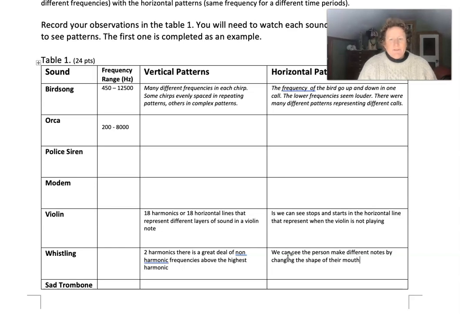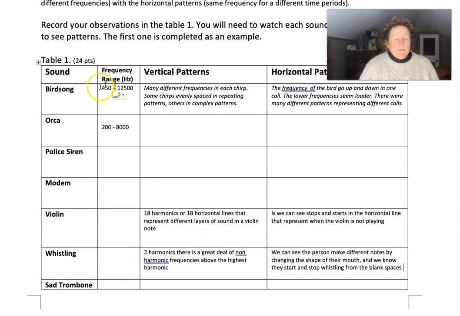Well, we don't actually see them change the shape of their mouth, but we know that the person's making different notes by changing the shape of their mouth, and we know they start and stop whistling from the blank spaces. So where it's just black, that's where the person's not whistling.